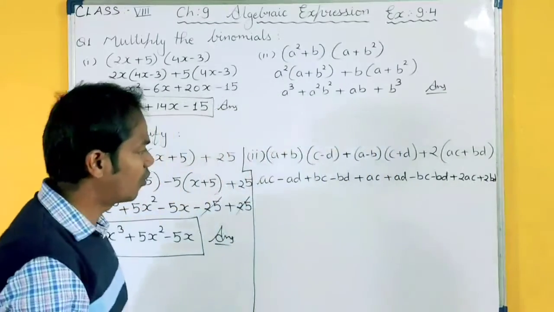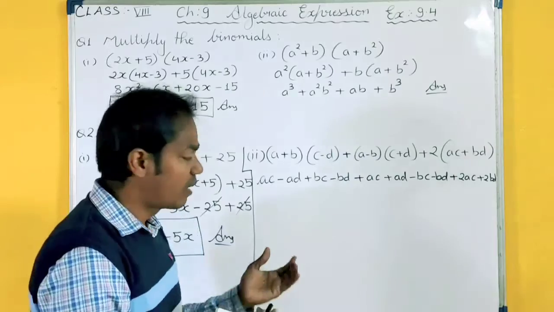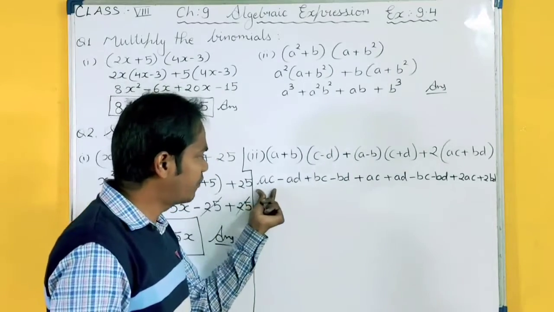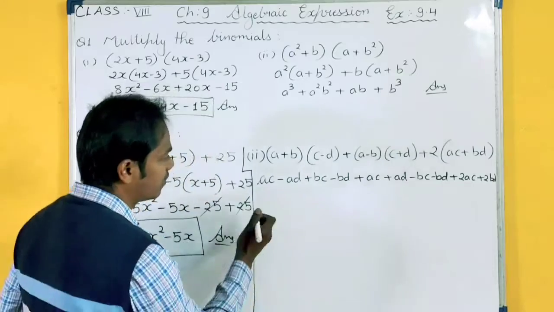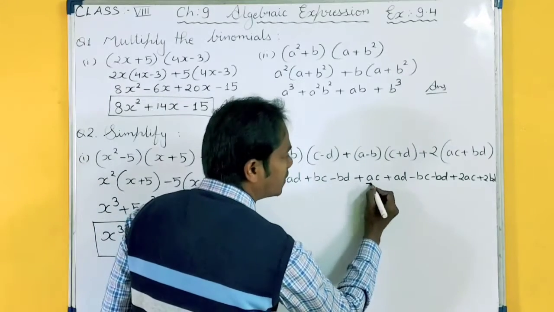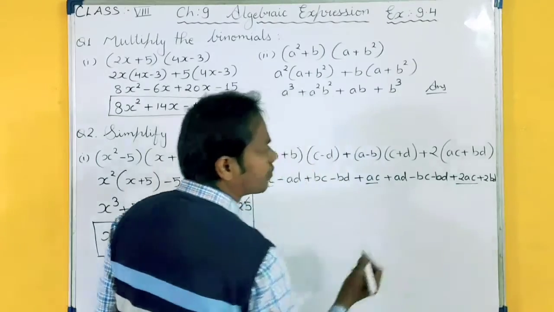So now I will arrange. I will write all the like terms together, first all the ACs together. This is your AC, this is your AC, and this is your AC.